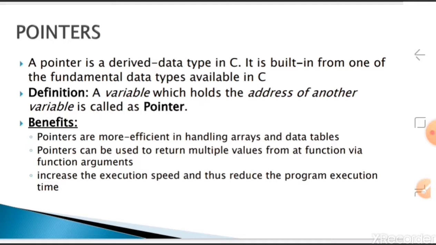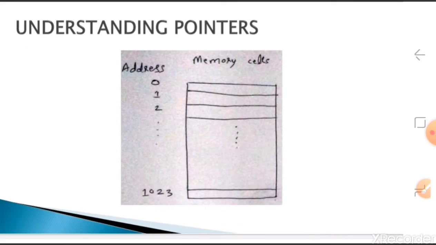So what is an address? First we'll check that. Here, I have drawn one diagram, which has the addresses from 0 to 1k. All of you have a mobile or laptop, and while purchasing it you always look at the memory, maybe 4 GB or 8 GB. You are checking the size of the memory.